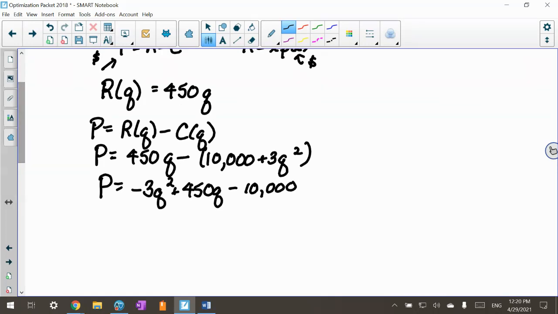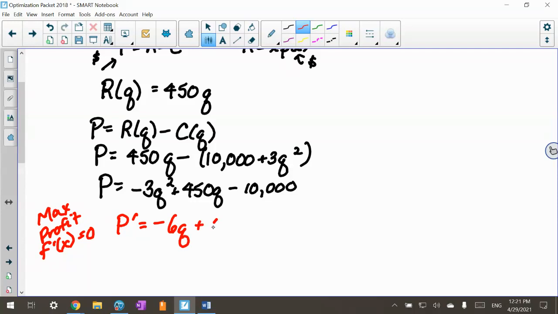Now I look at it, it's a quadratic, and I'm thinking, okay, I have to find the max profit, so I have to do P prime. Remember, for the max or min of anything, you're going to do your first derivative and put it equal to 0. So p prime is going to equal negative 6q plus 450, set equal to 0.